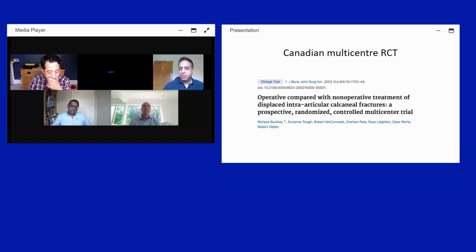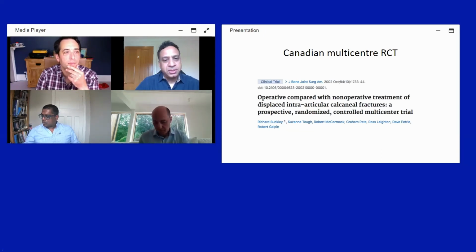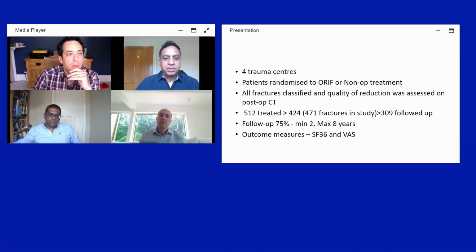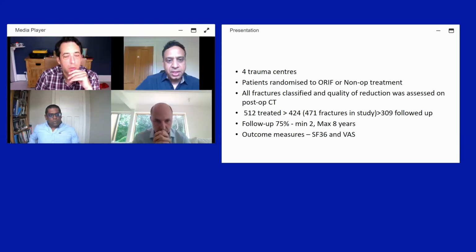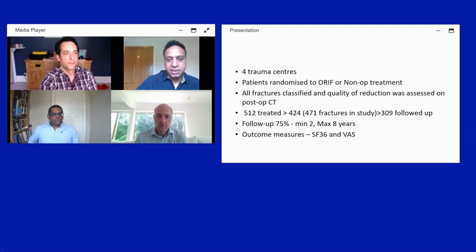Yeah. So the Canadian one was the first one, 2002, the Buckley trial. And this was, next one, please. This was done in four trauma centers, and patients were randomized to open reduction or non-operative treatment. All fractures were classified, and there were 512 patients treated, of which they had 309 for the final outcome. And the outcome measures were SF-36 and VAS.